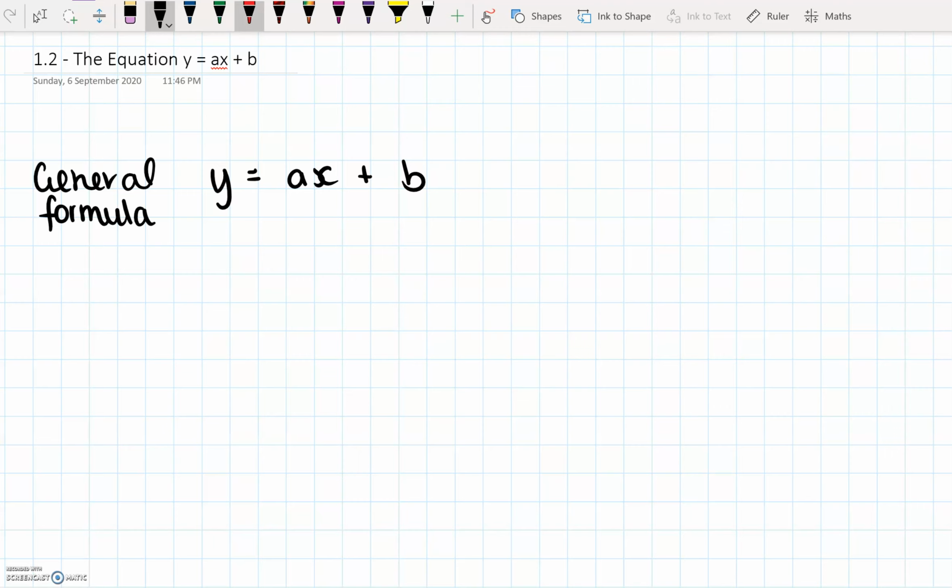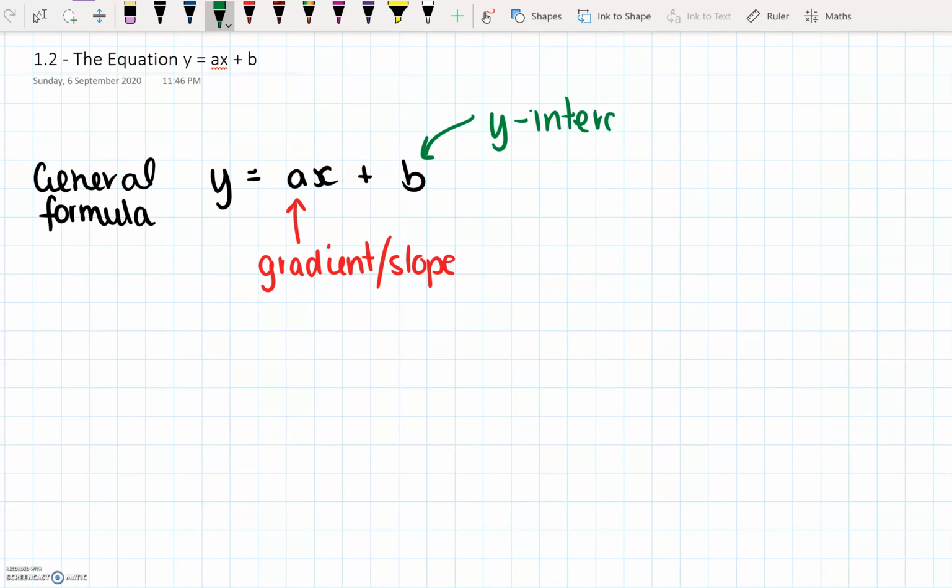And hopefully last year you learned that a is the gradient or the slope, and that b is the y-intercept. We are going to use this in order to graph these lines.